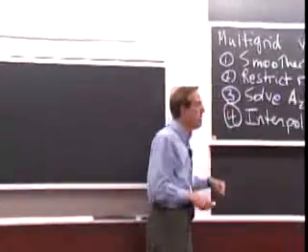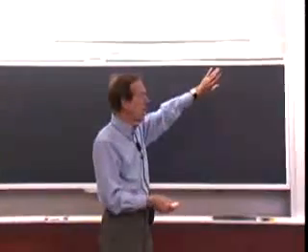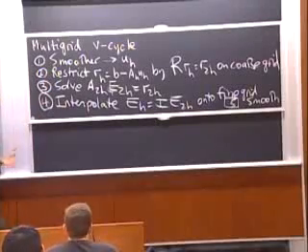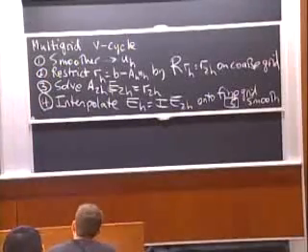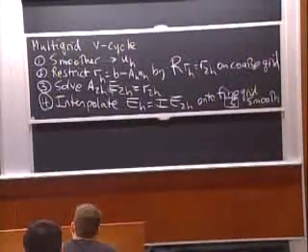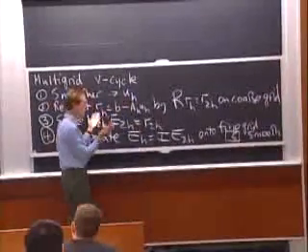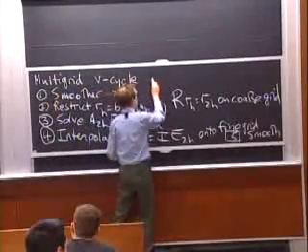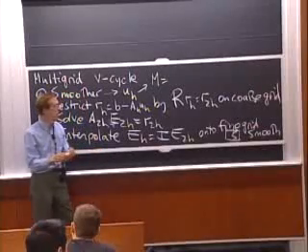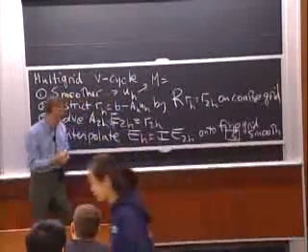So the first step is really a little bit outside multigrid. It uses an ordinary iteration like Jacobi a few times. And you remember that the matrix that's crucial for this is what multiplies the error at every step.